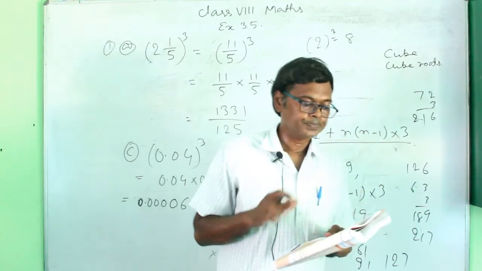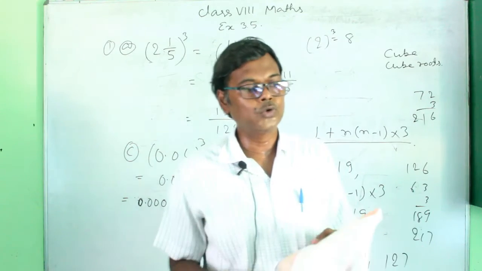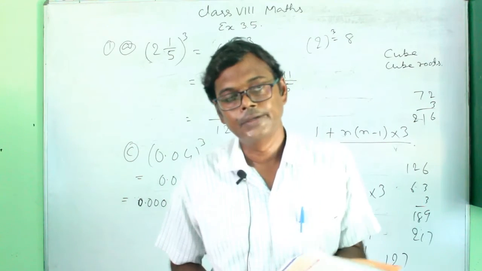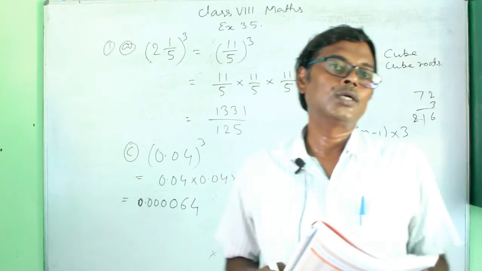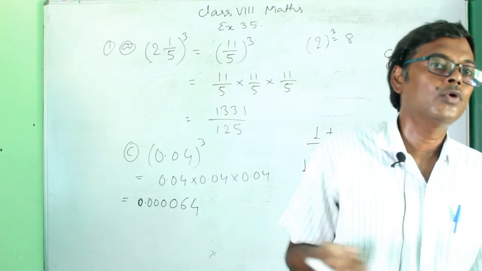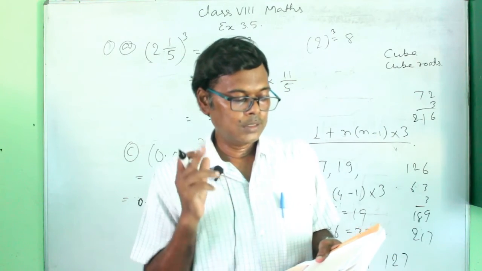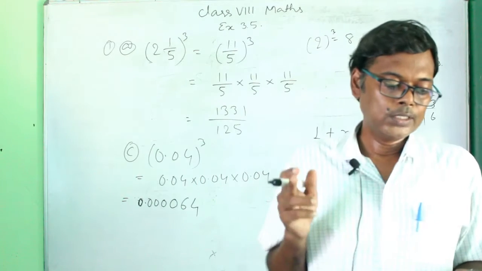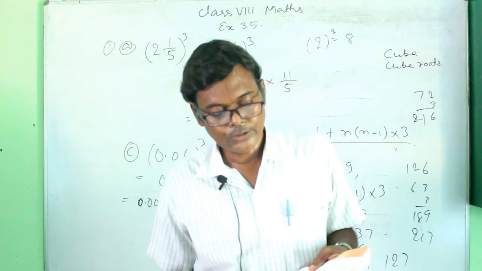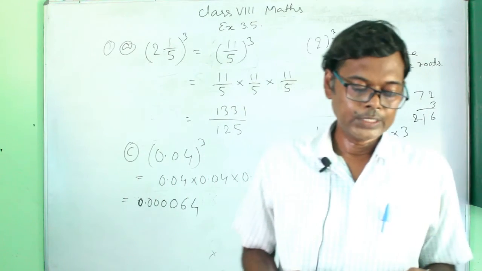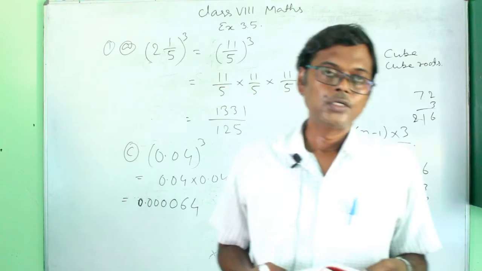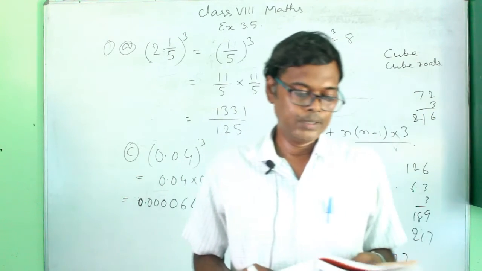Here I don't have to do anything, just see the number. If the number is odd, then that will be the cube of an odd number. So the correct answer here will be B and C, that is 1000 and 2744. These are the two numbers which are the cubes of even numbers.